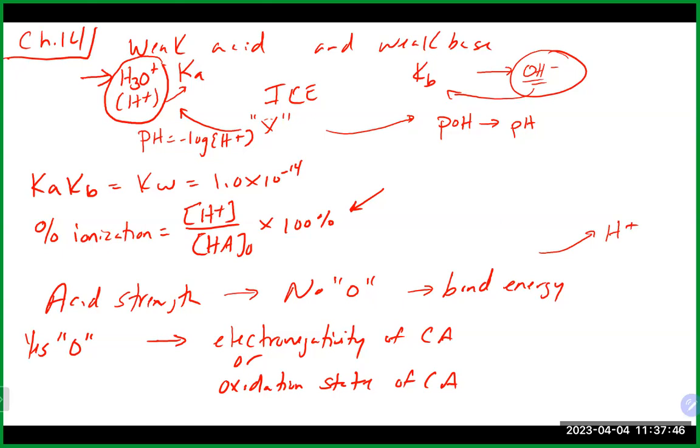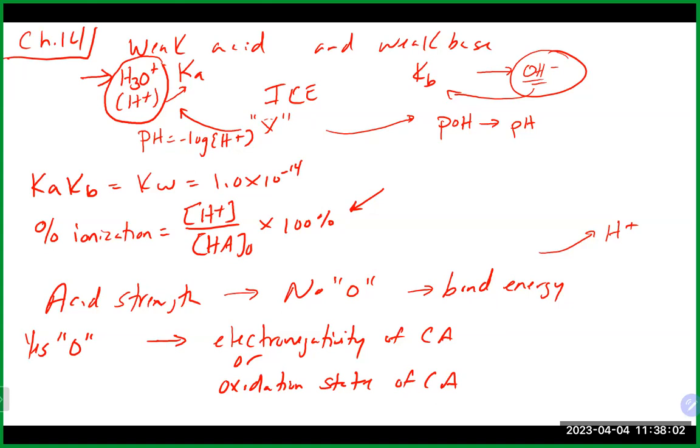And the one with the higher electronegativity would be the stronger acid because it will weaken that OH bond and allow that hydrogen to come off easier. Those with the lower electronegativity won't pull that polar bond as much, and it'll be a little bit harder to pull off that hydrogen.